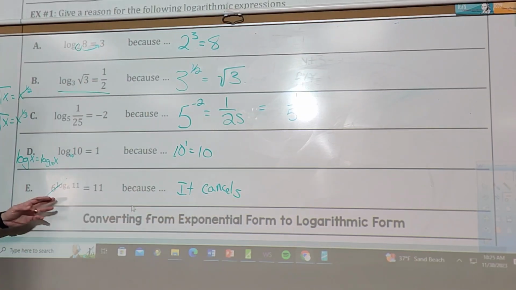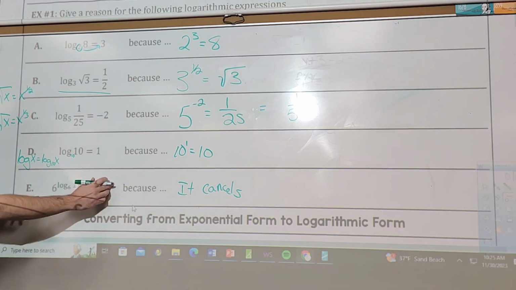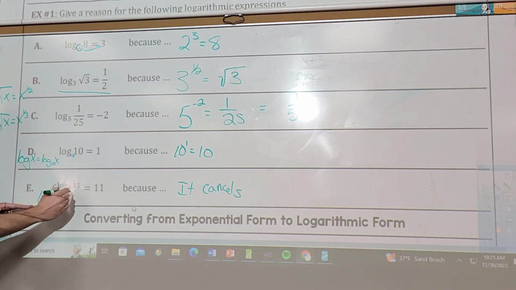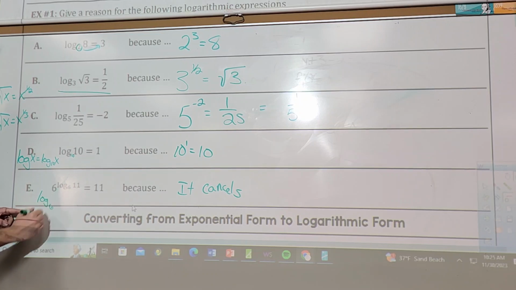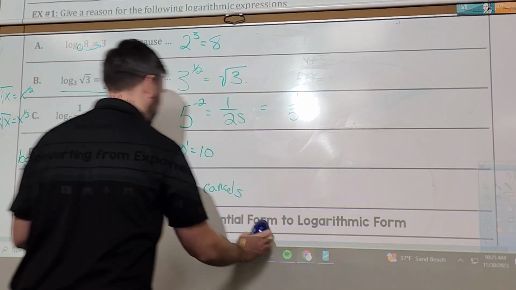I was going to show you a way if you log both sides. No, okay. By definition, if I were to log this, it would say log base 6 of log. Never mind. I'm not doing it. It cancels.